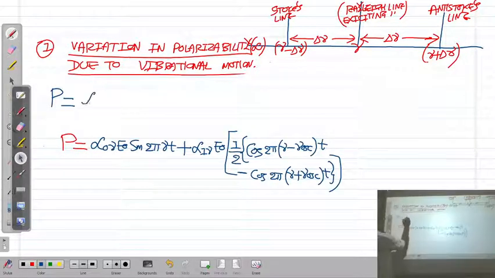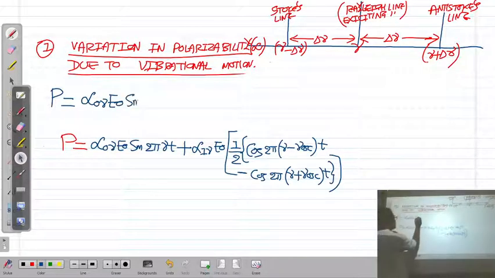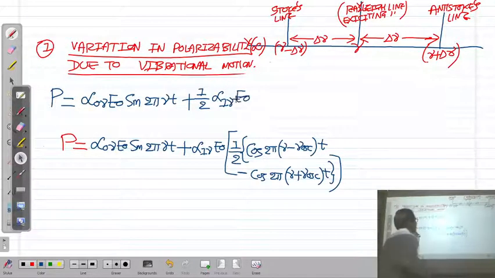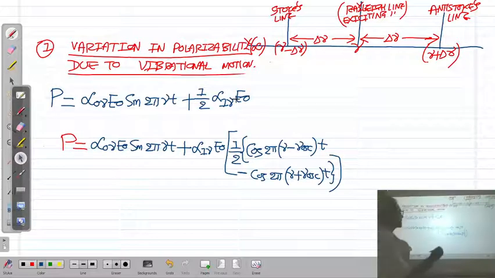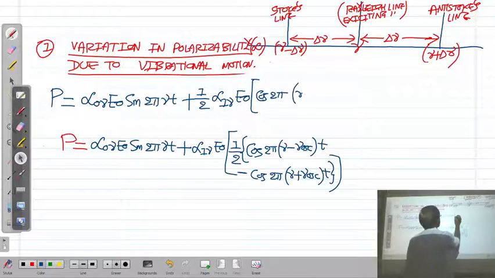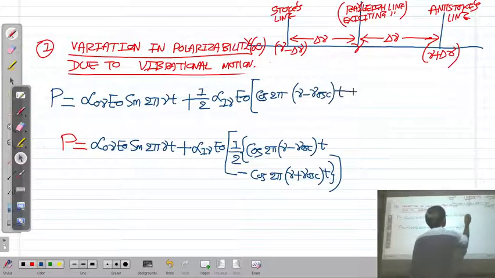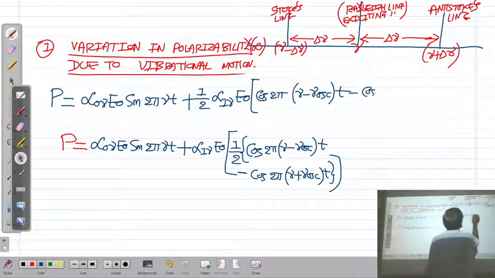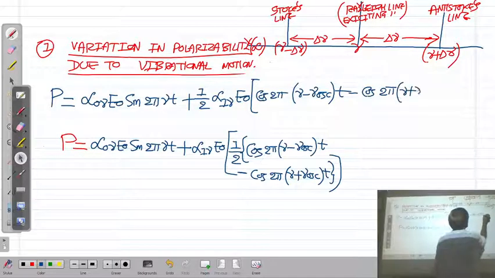alpha 0 nu E0 sin 2 pi nu T plus 1 by 2 alpha 1 nu E0 cos 2 pi nu minus nu oscillating into T, minus cos 2 pi nu plus nu oscillation into T. Okay.